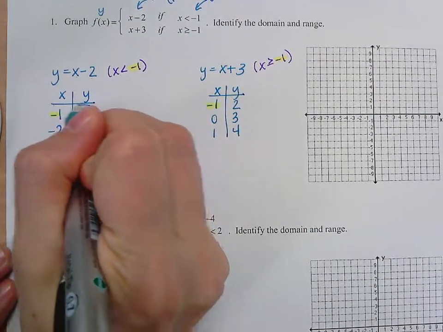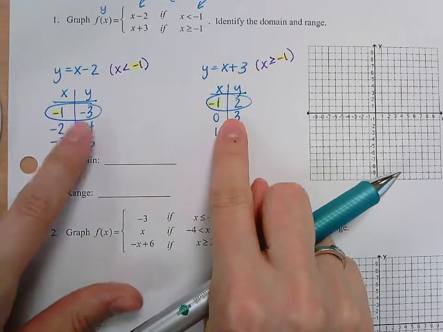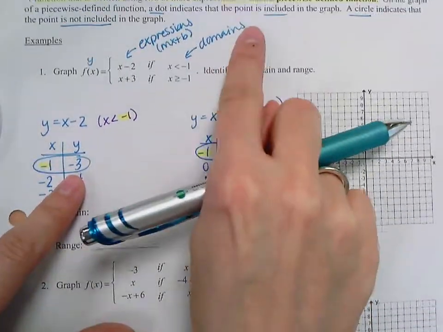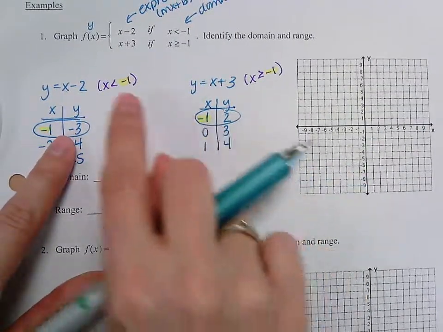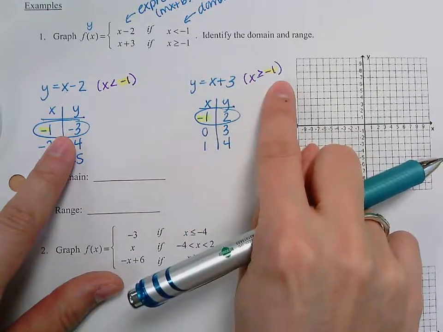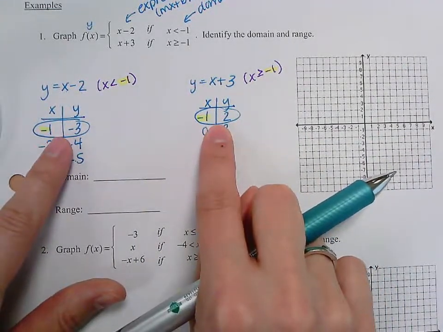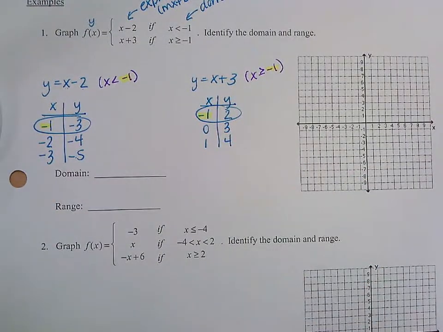Right now, this endpoint with the x value -1 is paired with both -3 and 2. So the dot versus circle only refers to your endpoint x value, or x values if you have more than one. One of these is going to be a dot, the other one's a circle. The rest of the points are just like normal when you plot them, they're dots.